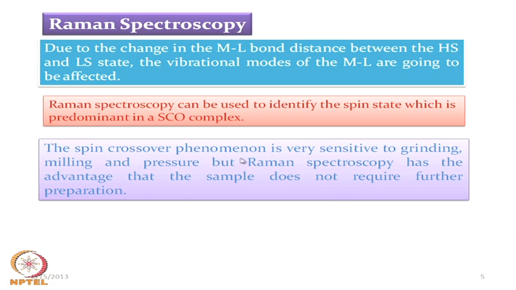So, the spin crossover phenomenon is very sensitive to grinding, milling and pressure. We grind it with KBr during FTIR measurement, then we go for the milling and the pressure.